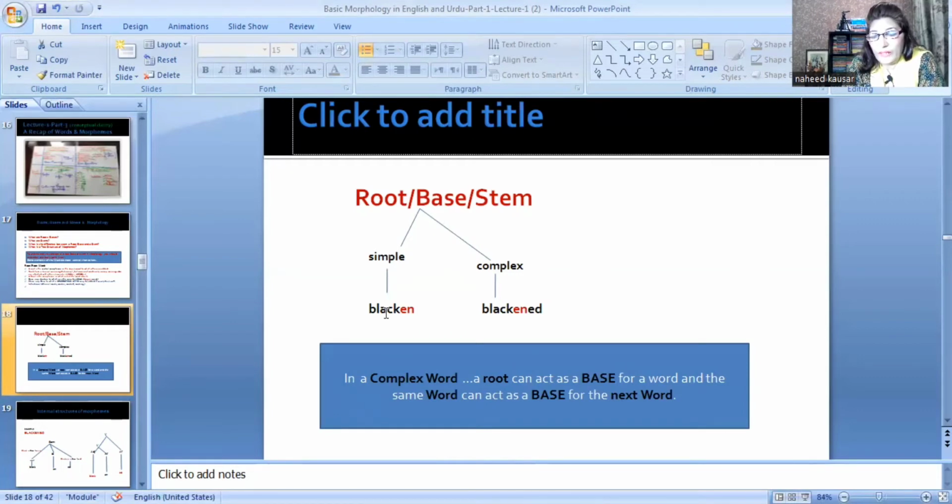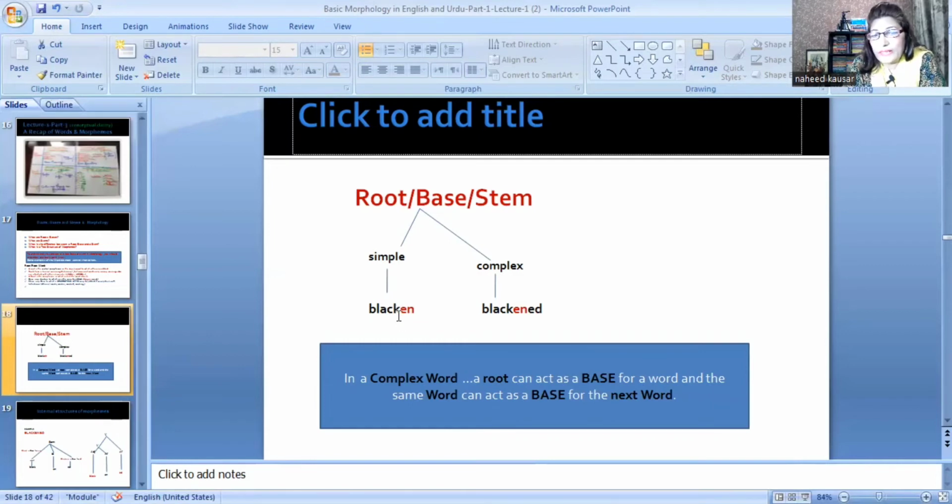So if we are considering the blackened word, the root is black, the adjective. And then the inflectional morpheme en is added to this adjective black, converting it into the word blacken.